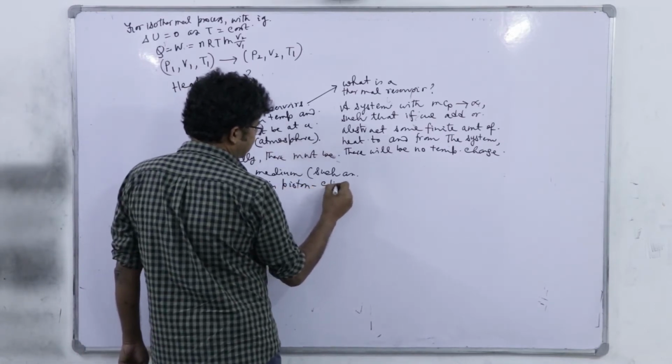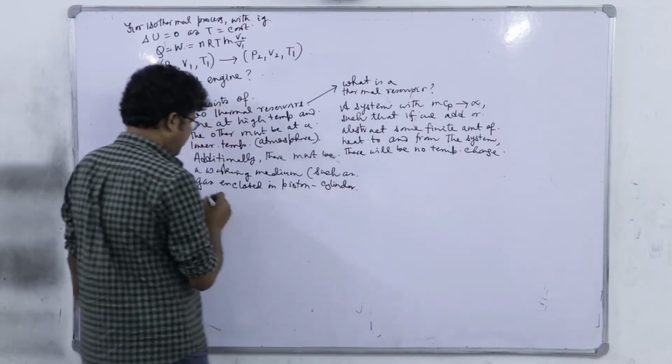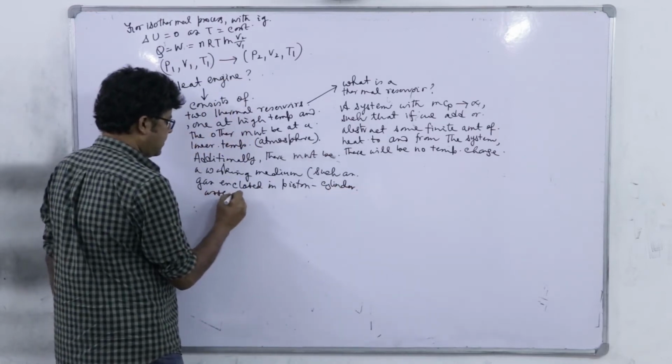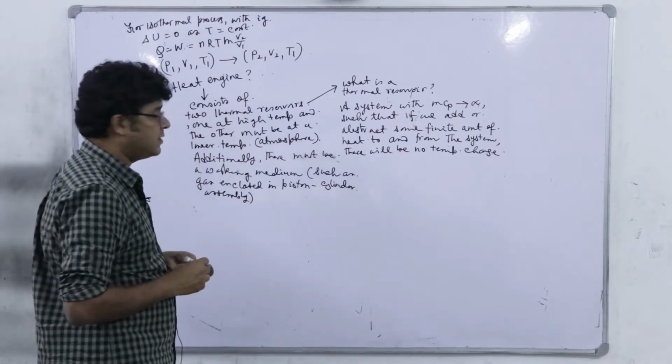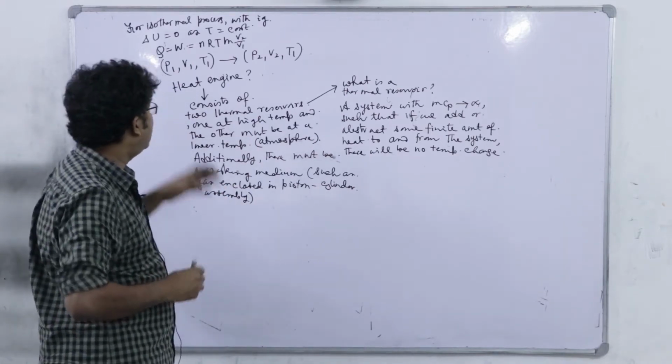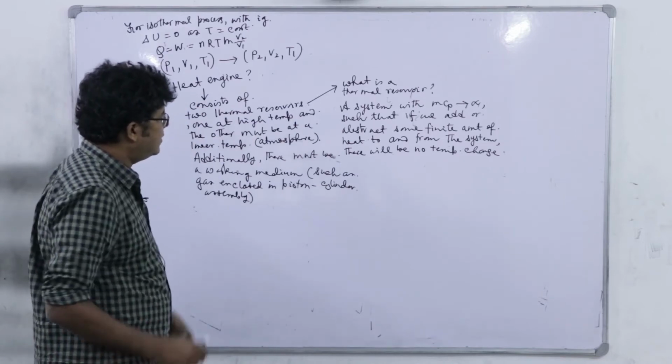This is the elementary and classical example, that gas enclosed in a piston cylinder assembly may serve as a heat engine, right.